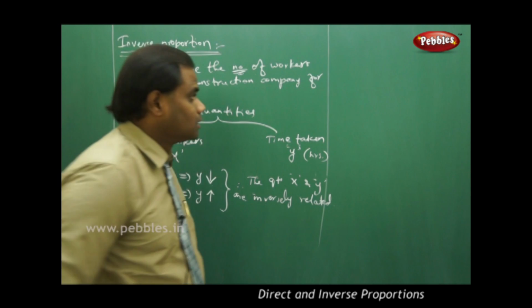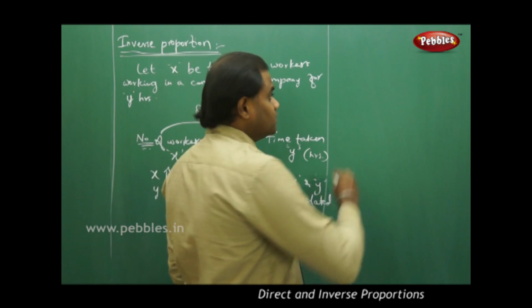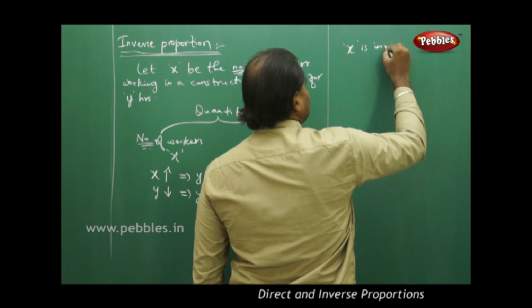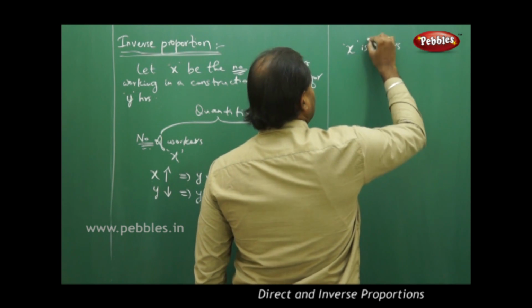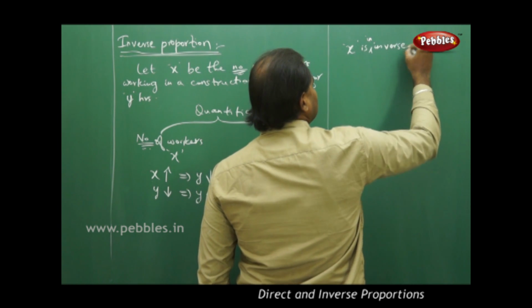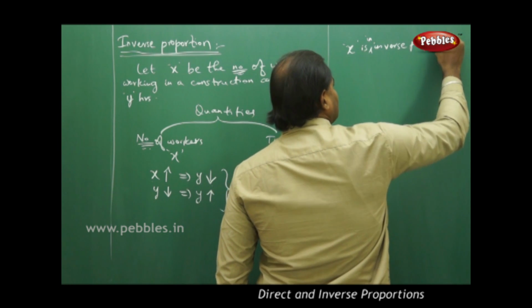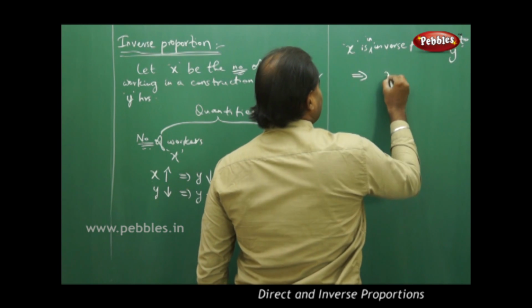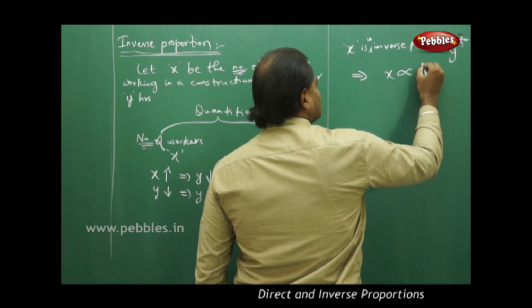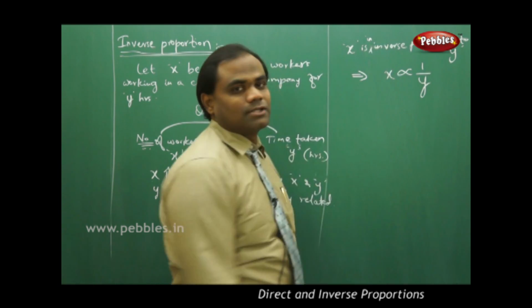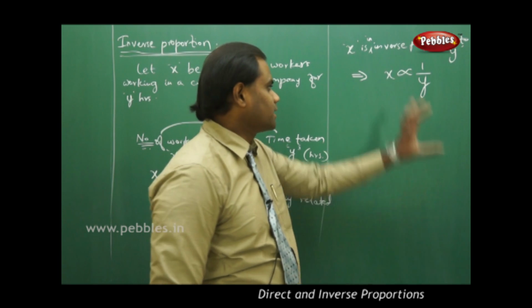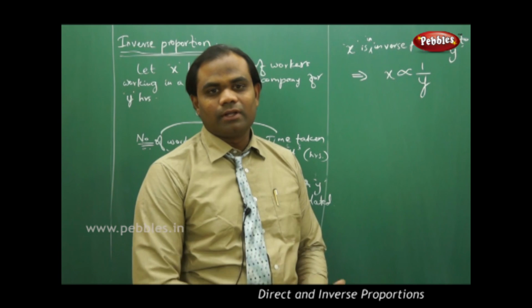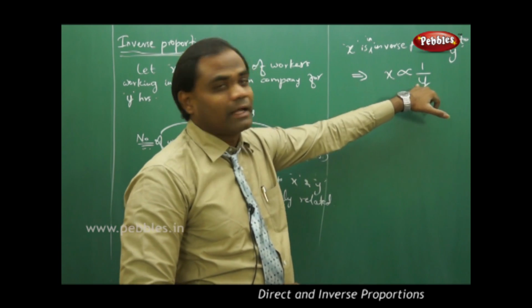But mathematically, as in case of direct proportion, we say that X is in inverse proportion to Y. This is how I understand the inverse proportion, because when X decreases, Y increases, and when X increases, Y decreases, they are reciprocal of each other in direct proportion.